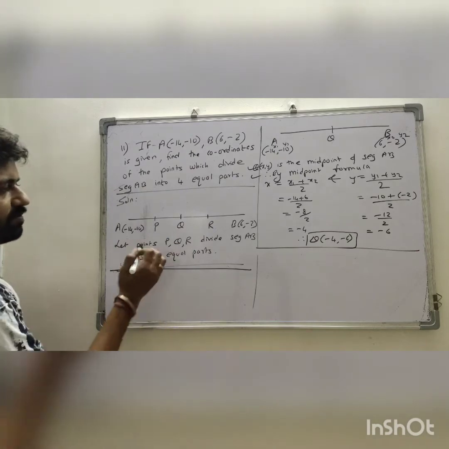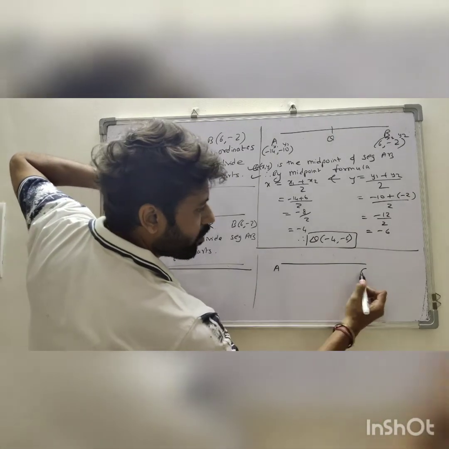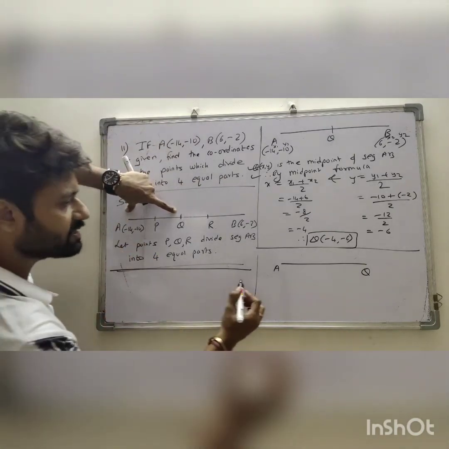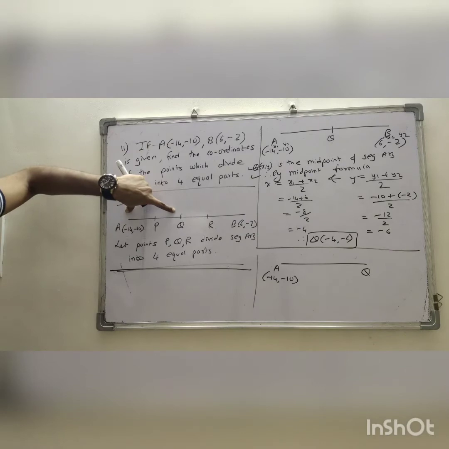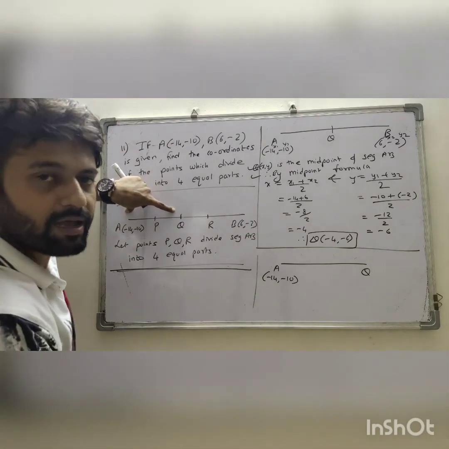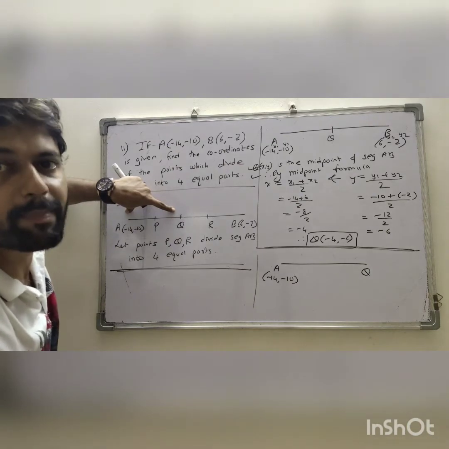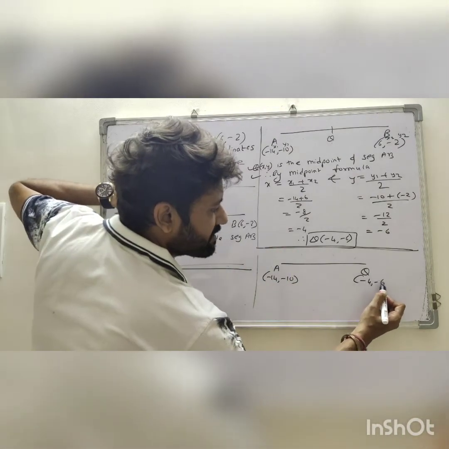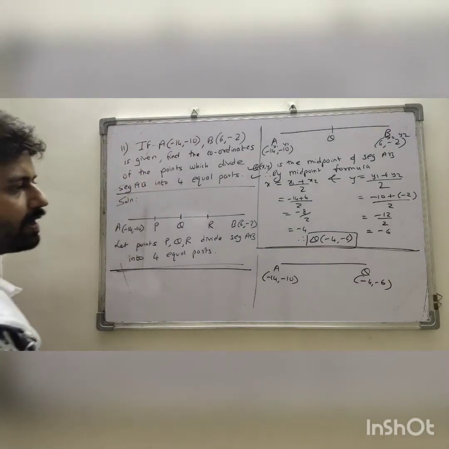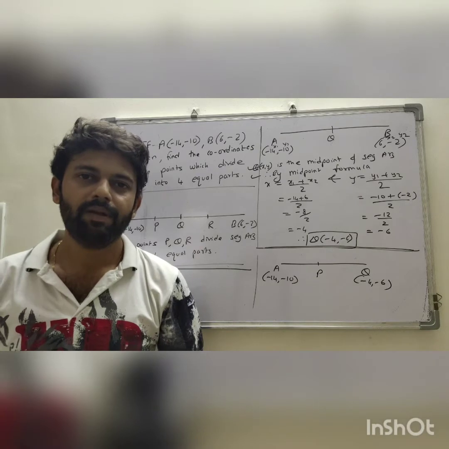Now carefully observe AQ. We will draw AQ. A is (-14, -10). This is the next part of the sum. I want students to put a partition like this with a pencil. Q we recently got (-4, -6). And out here P is the midpoint.